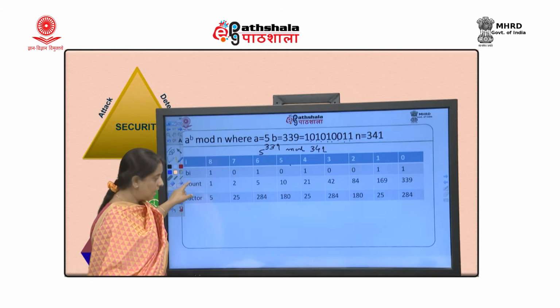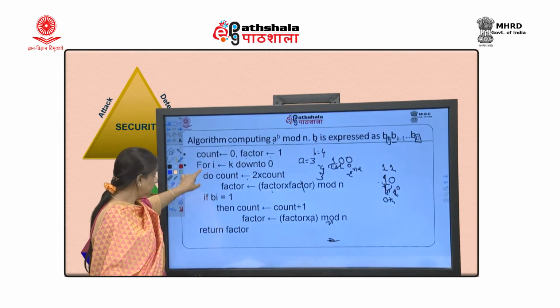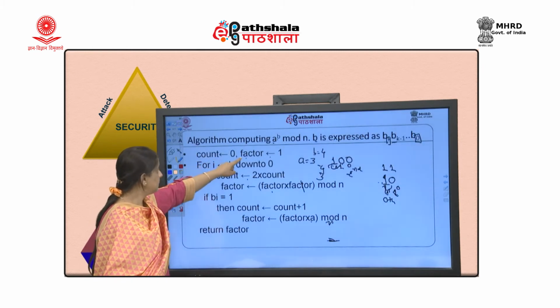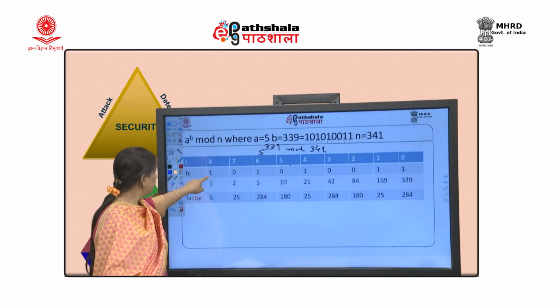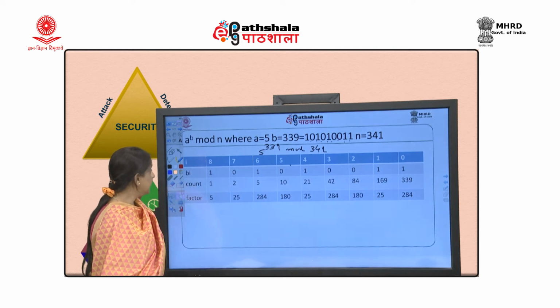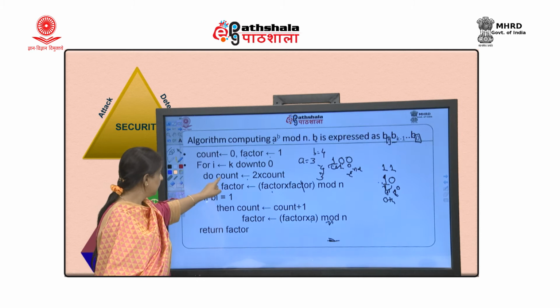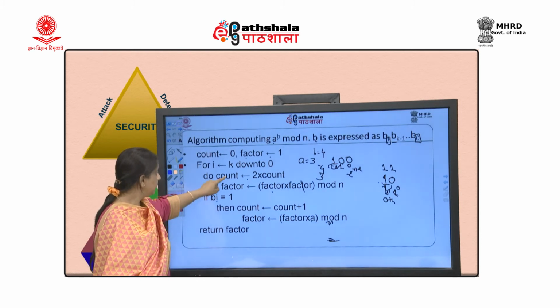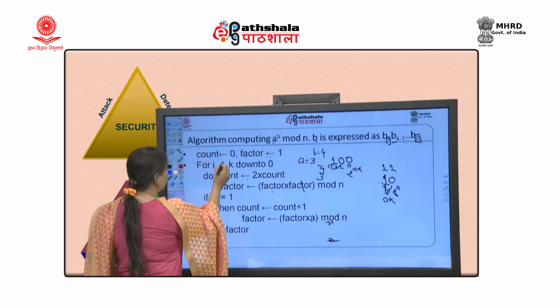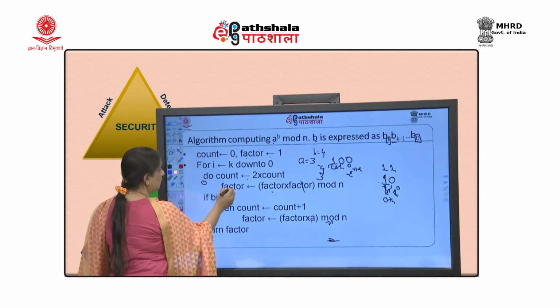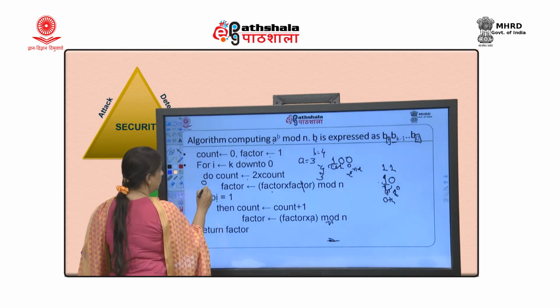As per the algorithm, in the first step the count is equal to 0 and factor is equal to 1. In the kth position we have bi equal to 1. So, let us check how the algorithm works. Irrespective of bi, we have to double the count. So, initially the count would be 0 into 2, 0, and factor would be factor into factor, that is 1.